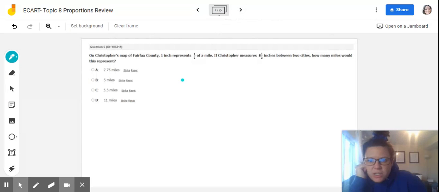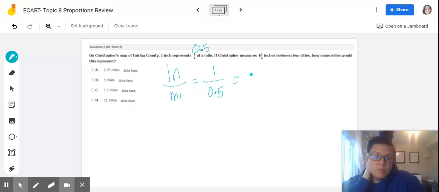All right, question 6. Christopher's map of Fairfax County, 1 inch represents 1/2 of a mile. And 1/2, guys, is really easy to turn into a decimal. You could have put 1 over 1/2, but I'm going to put this in my calculator at some point, and 1/2 terminates, so I'm going to write the decimal form. And then he measures 5.5 inches between the two cities.